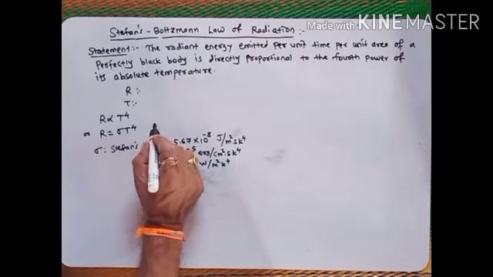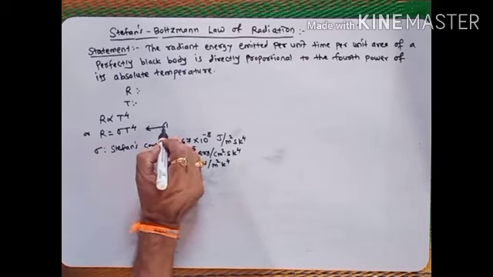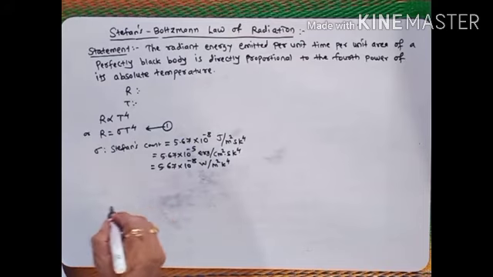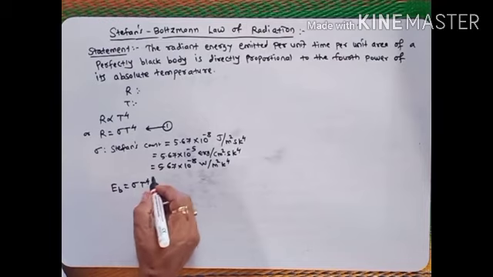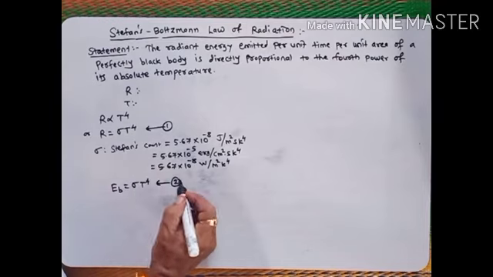And this we consider equation 1. This equation 1 can also be written as, for a perfectly black body, EB is equal to sigma T raised to 4. Suppose this is equation number 2.